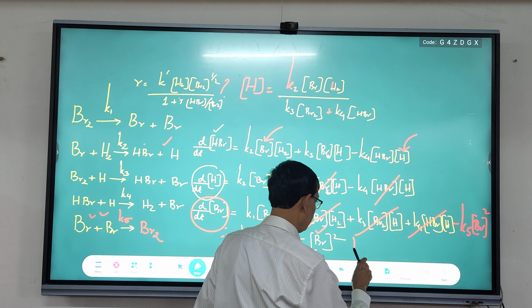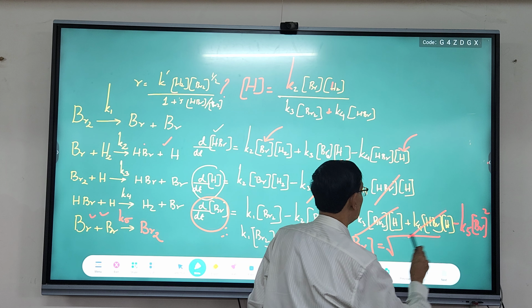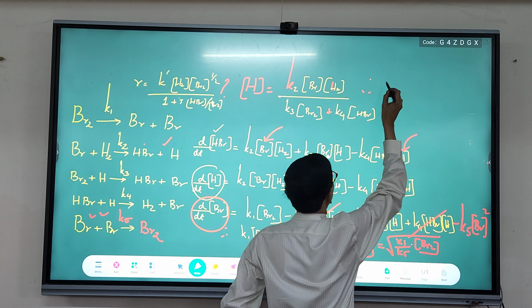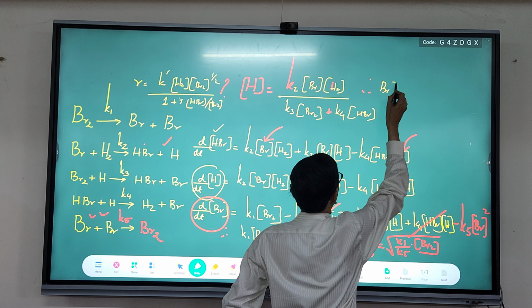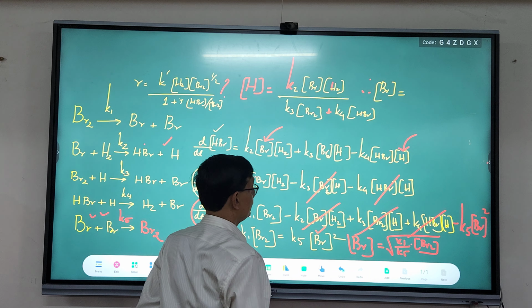So [Br] is equal to the square root of k1 by k5 times [Br2]. Therefore [Br] is equal to (k1/k5) to the power half, you can write like that also, times [Br2] to the half.